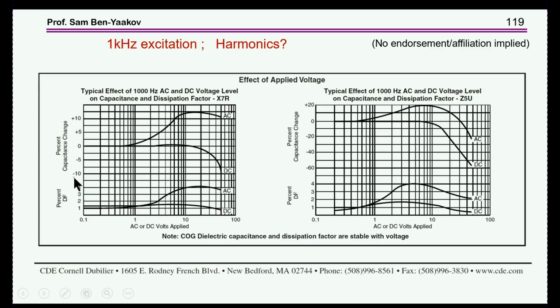And we see capacitance change with no AC, just DC. Now here they mean actually the local capacitance. This is a logarithmic scale, so it looks a little different from the curves we've seen before, which were linear.